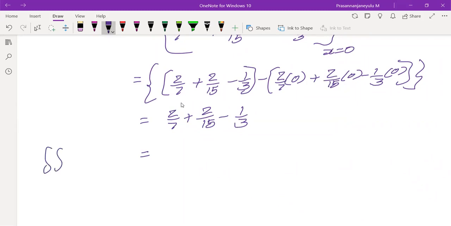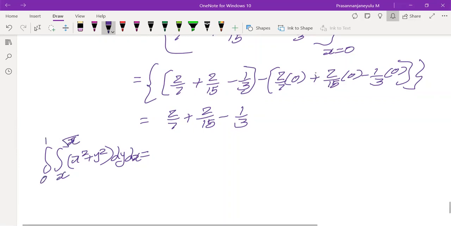Therefore, the double integration of x square plus y square, with limits on the interior integration x to root x and exterior integration limits 0 to 1, is 39 by 105. Always write it as a fraction, don't mention it like 2.5. What is the 39 by 105 value?